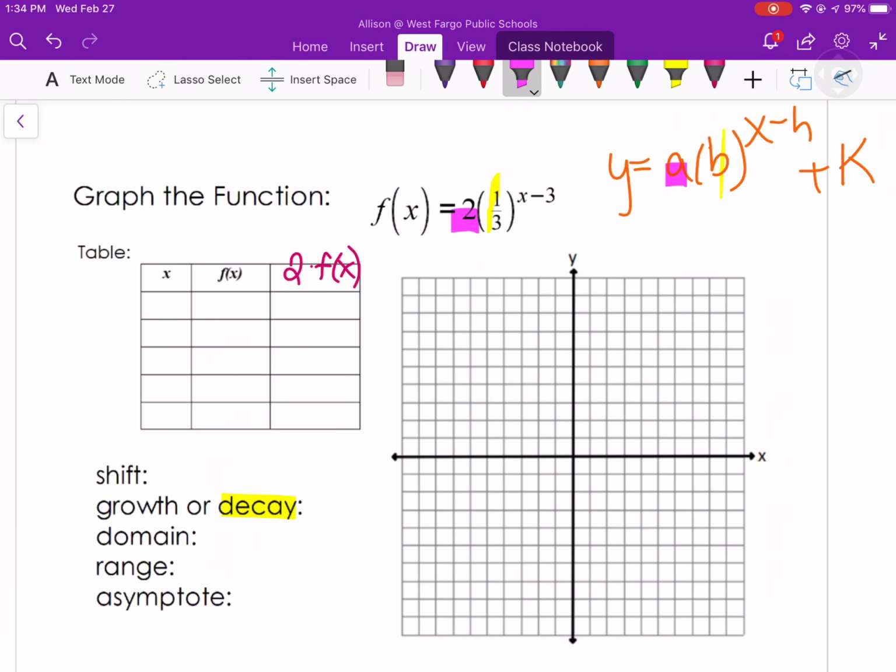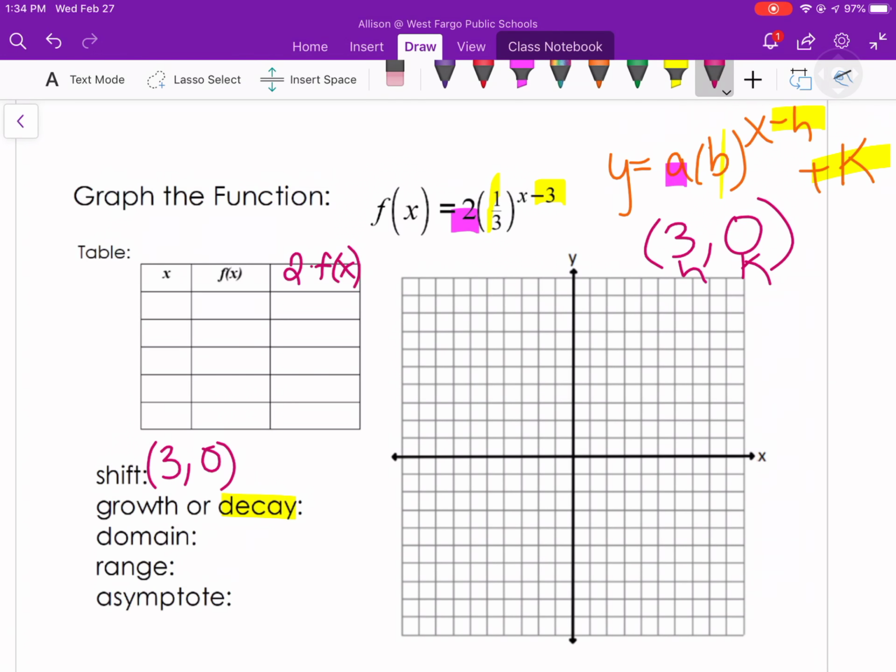Now my hk values, I have an h, I have nothing for k. Now it's x minus h, so h is going to be opposite, so my shift will be 3, and then there's no k, so 0. So my shift hk is going to be 3, 0.